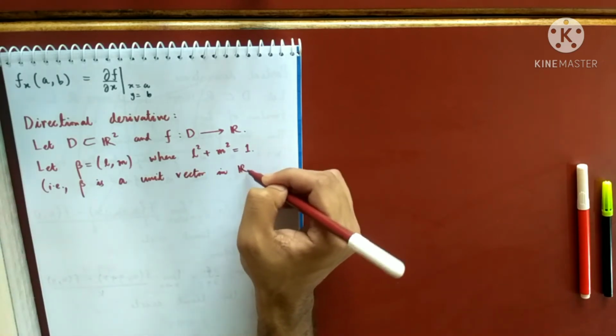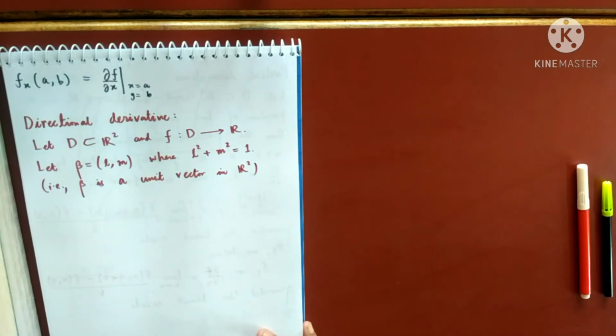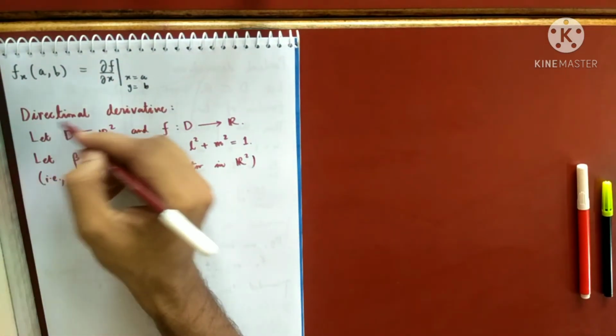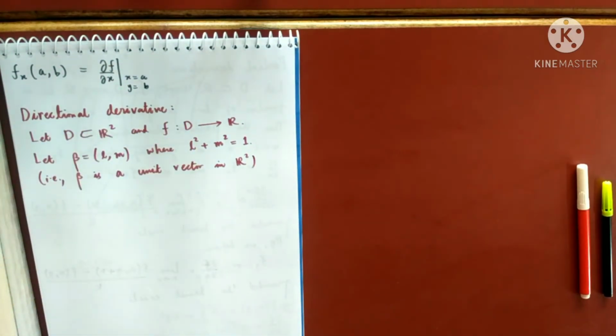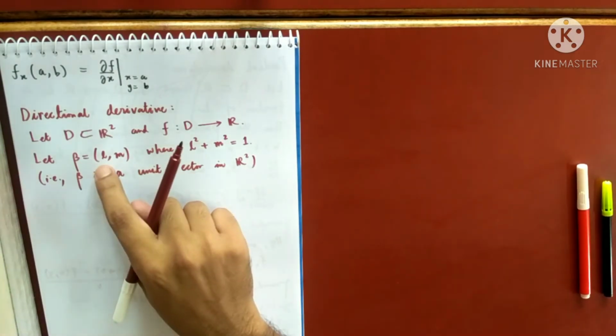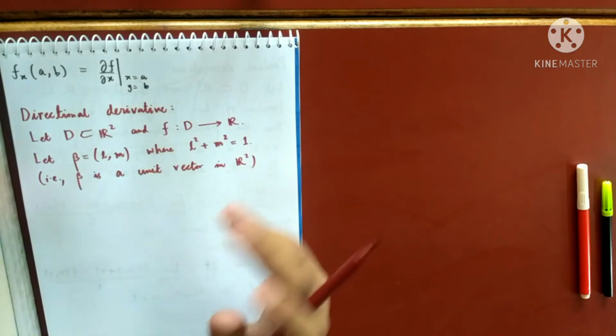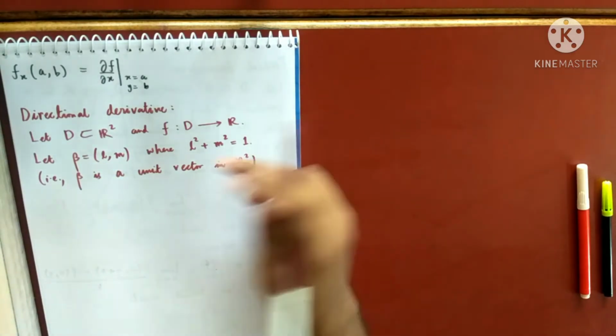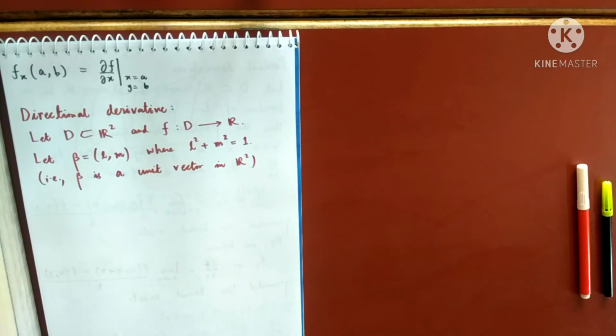So I am asking for some direction, as the name suggests, directional derivative. So suppose you have given me the direction Li cap plus Mj cap, provided we take the unit vector.